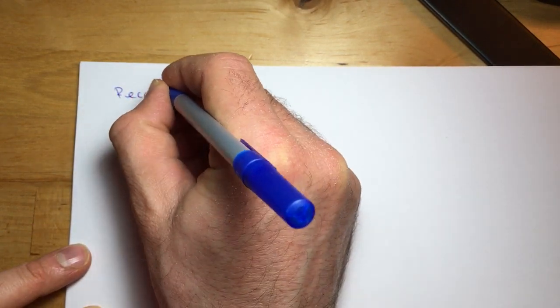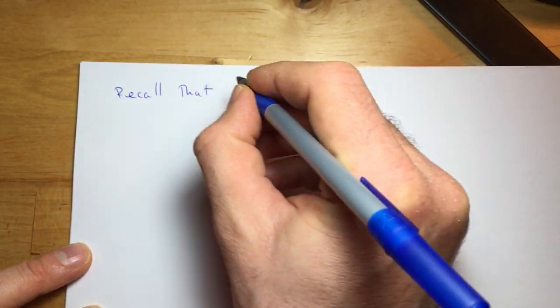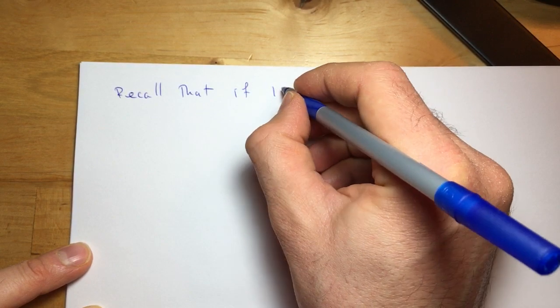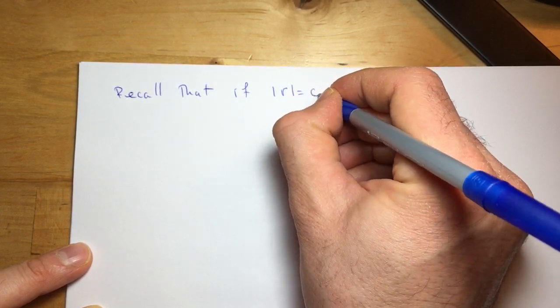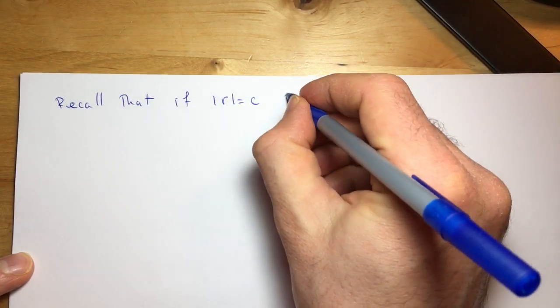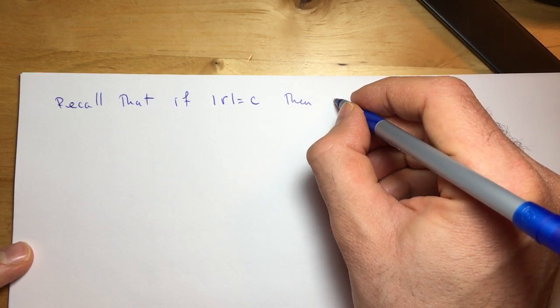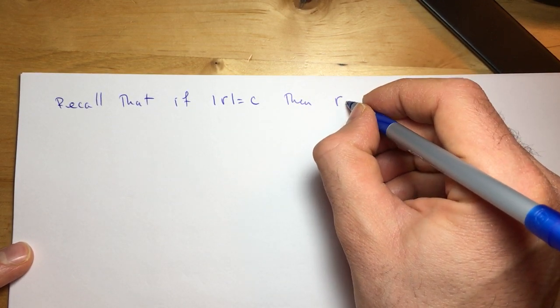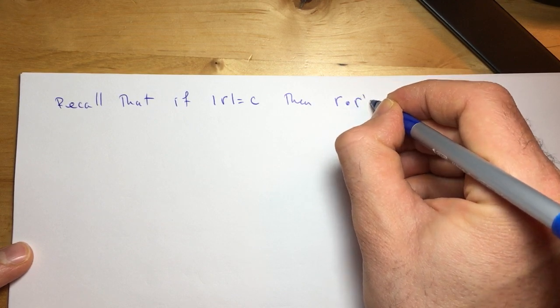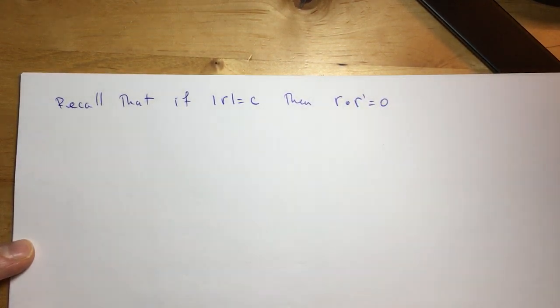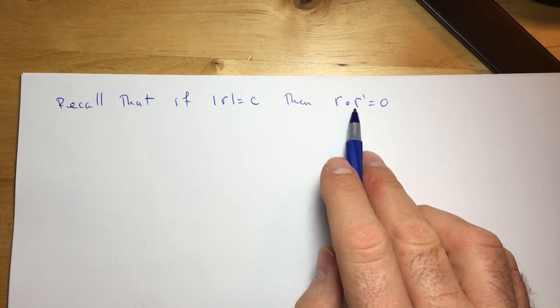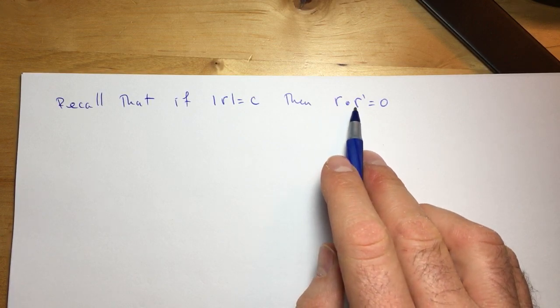Recall that if the magnitude of a vector is equal to a constant, then the vector dot its derivative is 0, or in other words, the vector and its derivative are orthogonal.